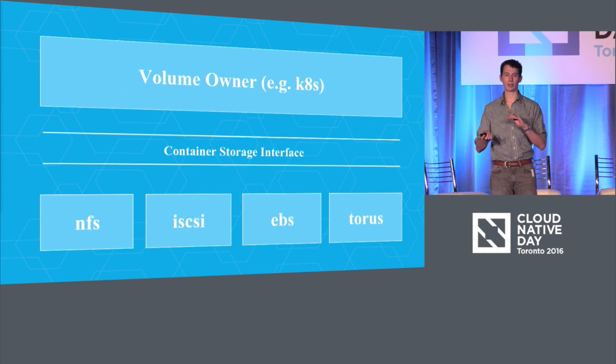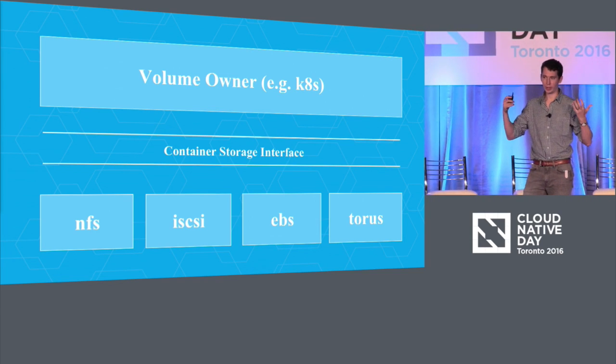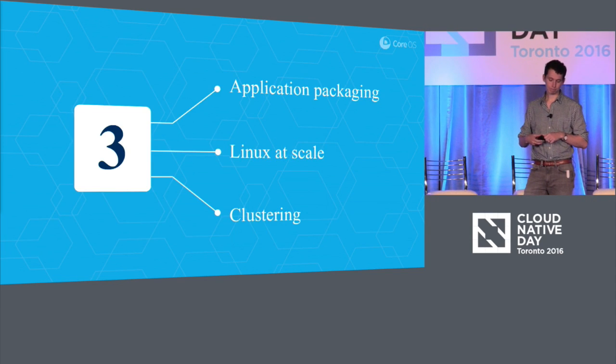And again, it's an interface that keeps everyone kind of sane, reducing the dependency graph and the extremely large matrix of support that people have to worry about when they're wanting to select the storage vendor to put into their cloud native solution.